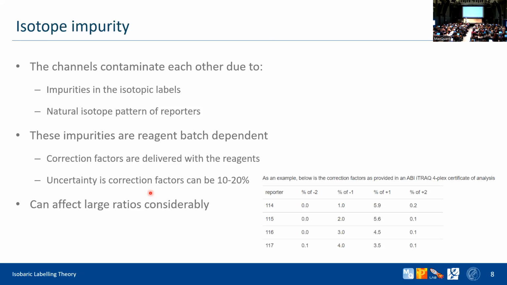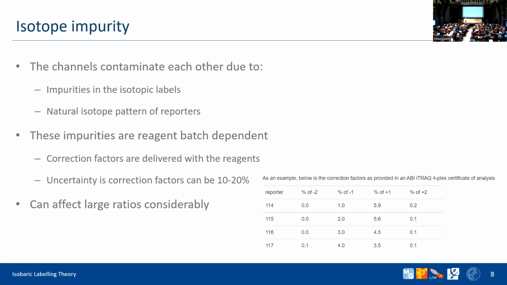So let's start with isotope impurity. So what can happen? It's chemistry, so it can sometimes be dirty somehow, where you have impurities in the labels that are being manufactured. This is expected.